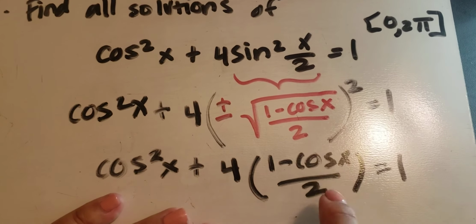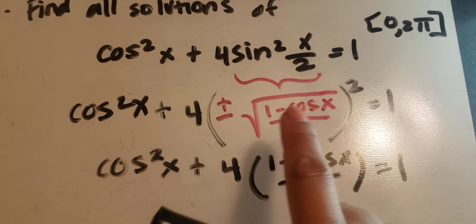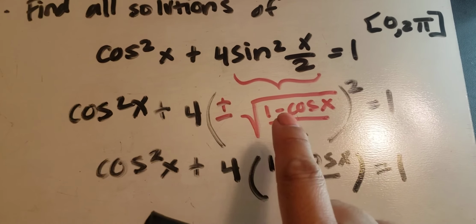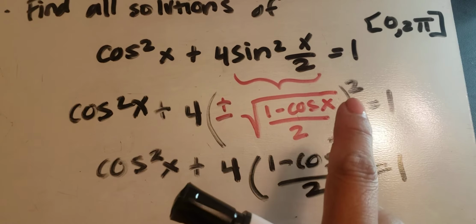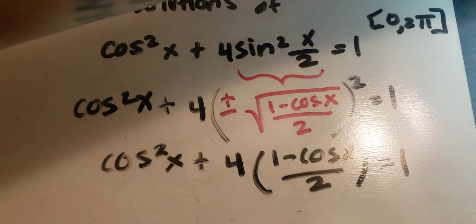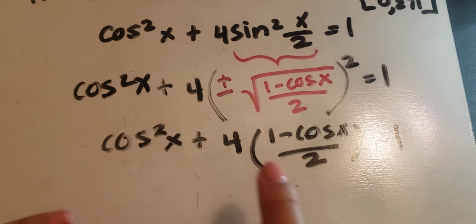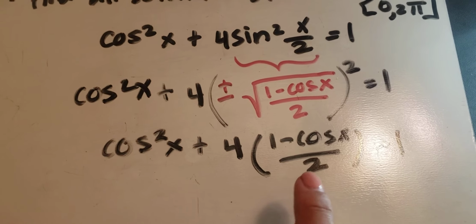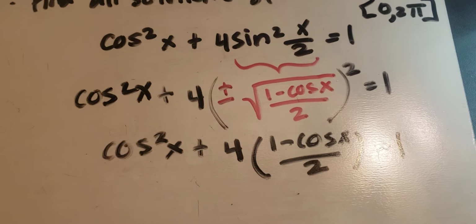No more square, because we already got rid of the square and square root, and no more plus or minus because of the squaring. Okay, so this is what we're left with.